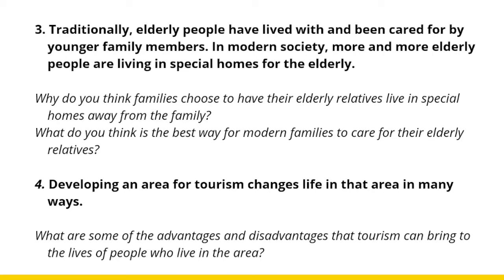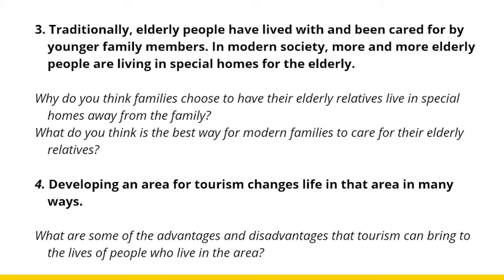And as you can see in this prompt, you have your topic. This topic involves elderly people traditionally. So they explain the problem, and then they're asking you to answer these two specific questions in your essay. That means when you're writing your essay, your body paragraphs have to stay focused on these two questions.